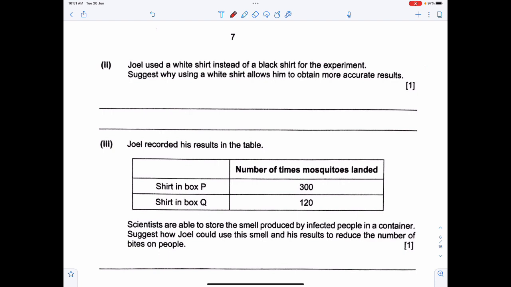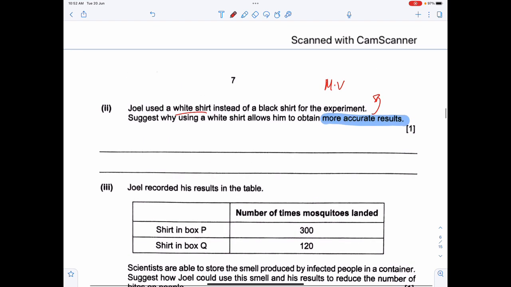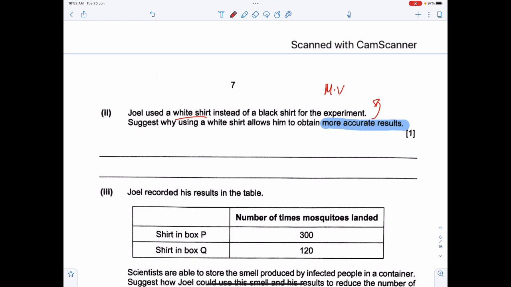Next, Joel used a white t-shirt instead of a black one for the experiment. Suggest why using white allows him to have more accurate results. So remember, when you deal with accuracy, you're dealing with MV, your measured variable, not your change variable.